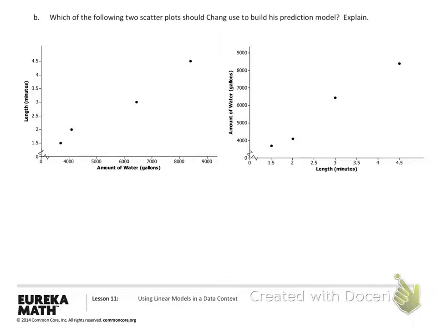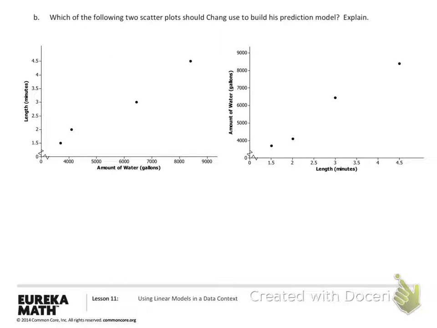Okay, so the thing that we're predicting should go on the vertical axis. That would be the dependent variable, and the independent variable should be here. So we said the independent variable was the length of time, and the dependent variable, or the thing that we're predicting, is the water.